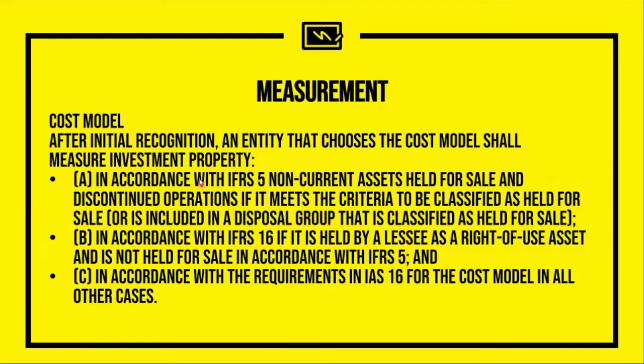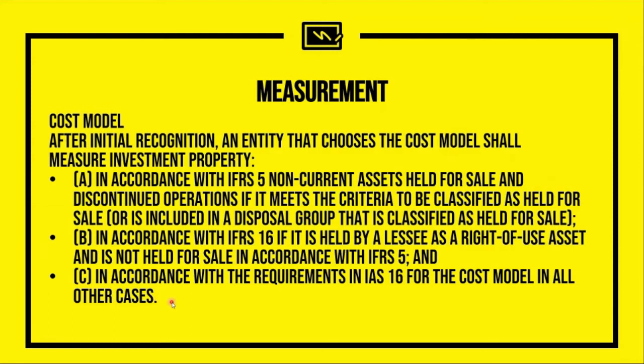So, after initial recognition, an entity that chooses the cost model shall measure investment property, letter A, in accordance with IFRS 5 if it is going to be sold, in accordance with IFRS 16 if it is not held for sale, and in accordance with IAS 16 for the cost model in all other cases.